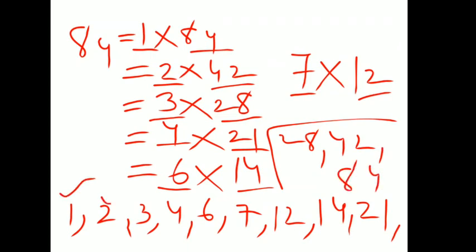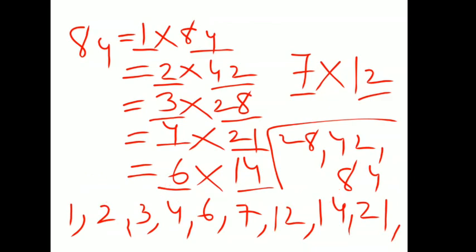So you have found 12 factors altogether. Alright students, so this is the way to find the factors of 84.